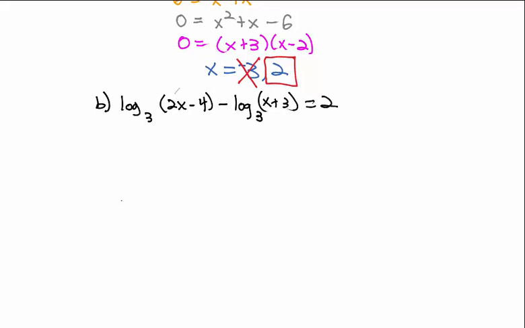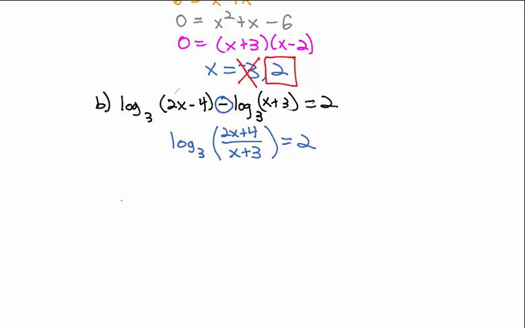Again, we're going to make this into a single log so we can convert it to an exponent. With subtraction, we know that turns into a single log base 3 that has division in it. The 2x plus 4 in the numerator and the x plus 3 in the denominator, is equal to 2.